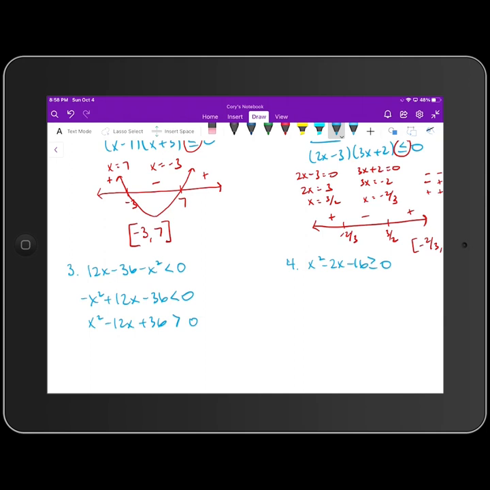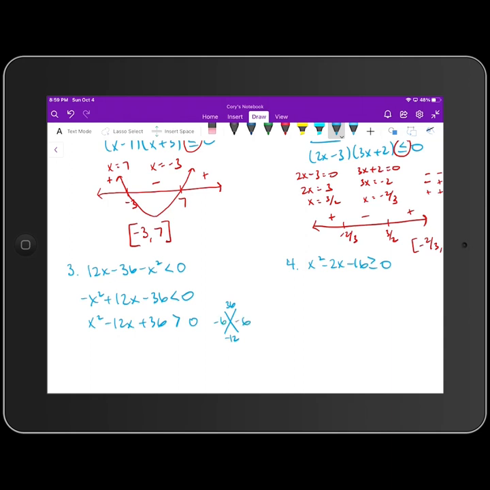Okay, so I want to see if this is factorable, which to determine that, I'm going to multiply the leading coefficient 1 times the constant 36. So that gives me 36. That goes on top. The coefficient of the middle term, negative 12, goes on bottom. So I'm looking for two numbers that multiply to give the top number and add to give the bottom number.